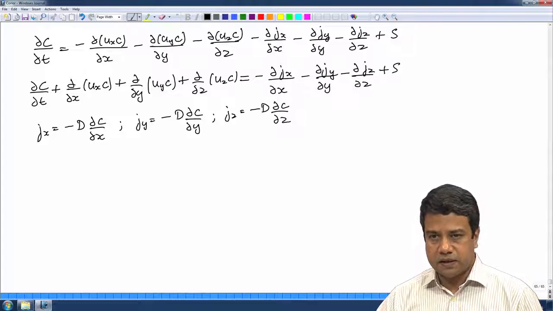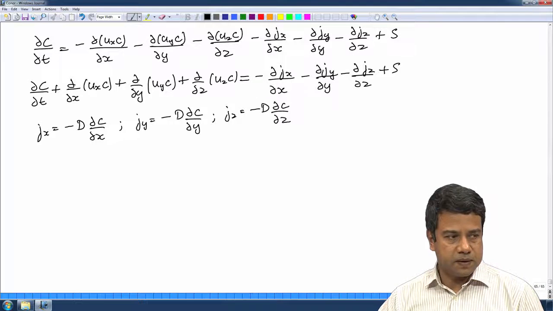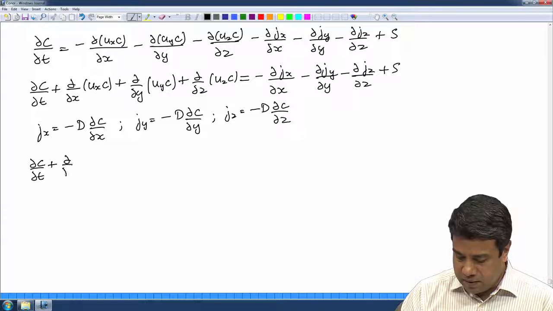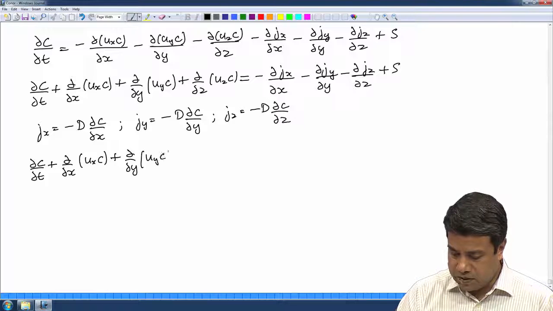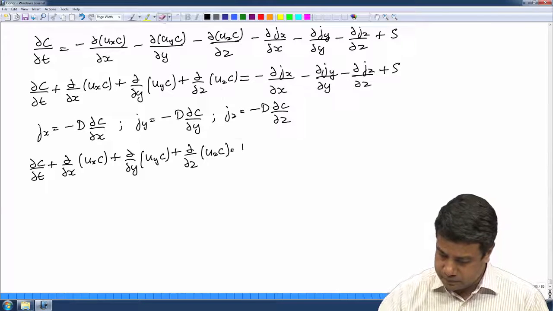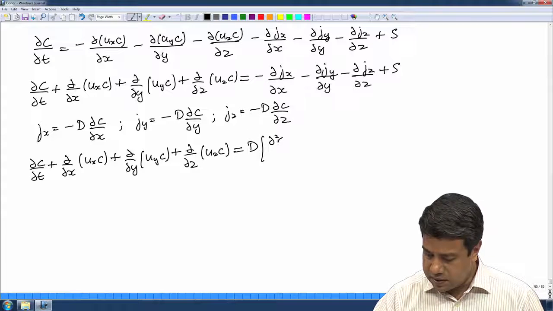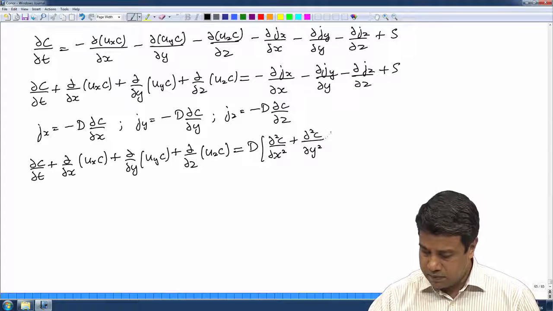And so, if I substitute this into the conservation equation and consider that the diffusion coefficient does not depend upon position, the equation that I get will be of the form partial c by partial t plus d by dx of u_x c plus d by dy of u_y c plus d by dz of u_z c is equal to D times d squared c by dx squared plus d squared c by dy squared plus d squared c by dz squared, plus the source.